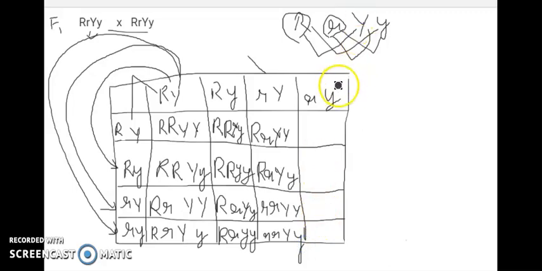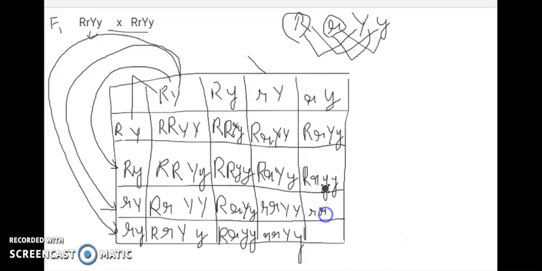And coming to the next gamete, so this has to combine with all these and forms capital R, small r, capital Y, small y, and again capital R, small y, small y. Okay, and then the next one small r.